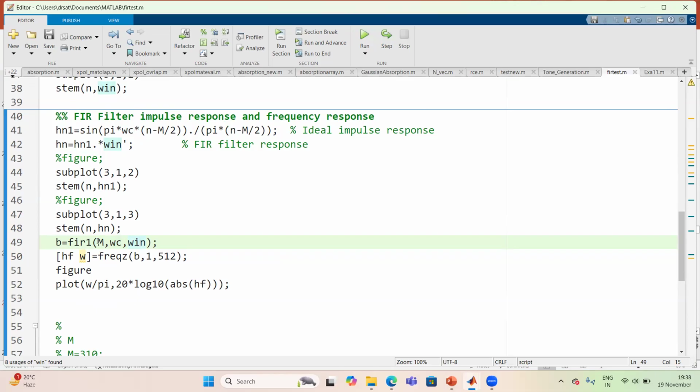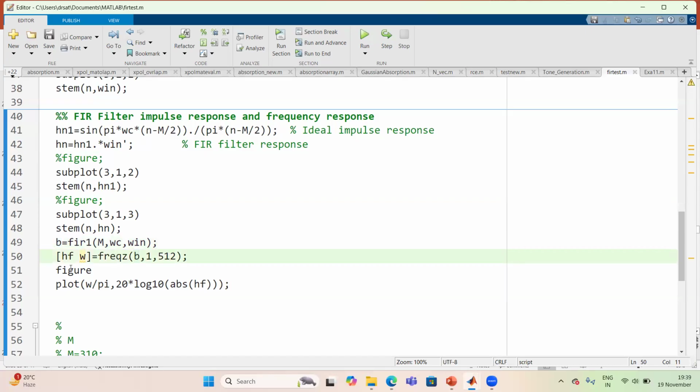There are a total of 3 input parameters that we have to give to use this FIR1 command, and it will return the filter coefficient values in the vector or variable b. Now this variable b will be used, and for this particular variable b, we have to calculate its frequency response.